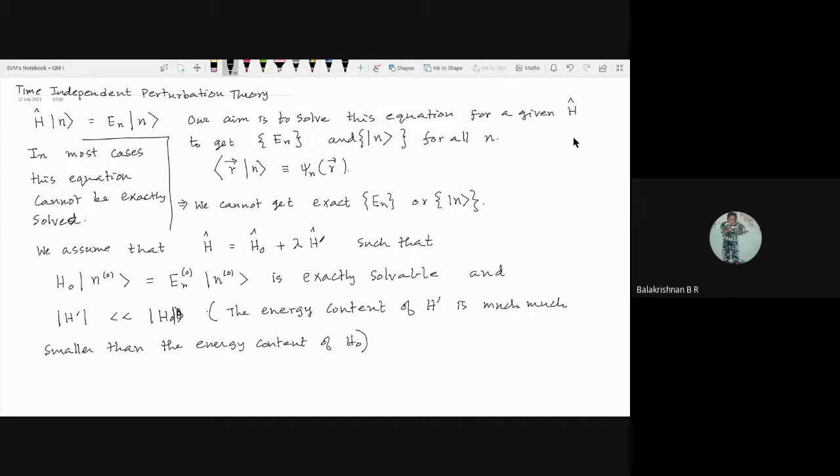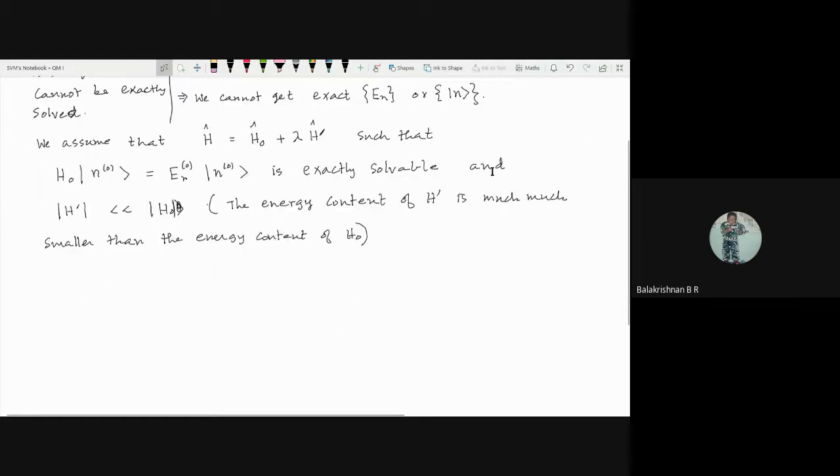If you look at this Hamiltonian form, the Hamiltonian H is written as H0 plus lambda times H prime. Please understand that this prime is not related to any derivative. It is a different term in the Hamiltonian. We call H naught the unperturbed Hamiltonian because it can be exactly solved.